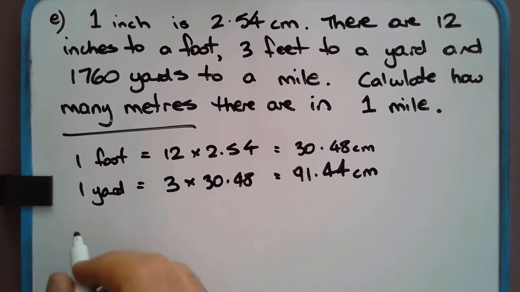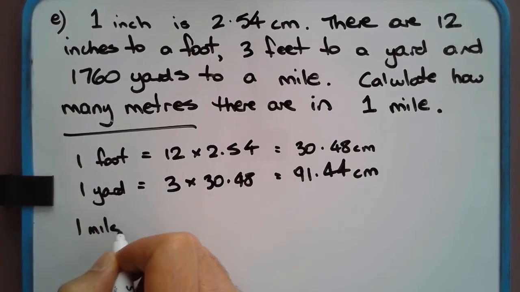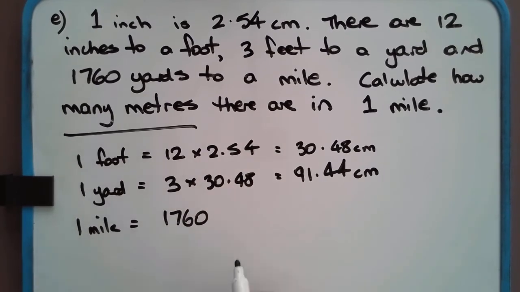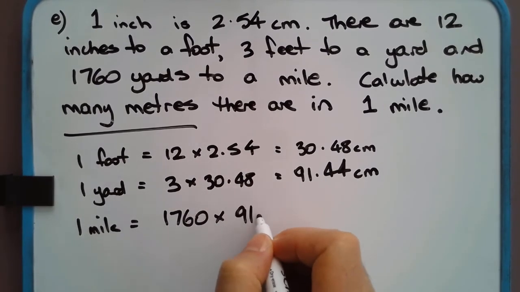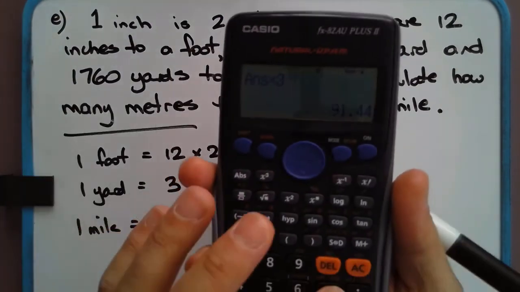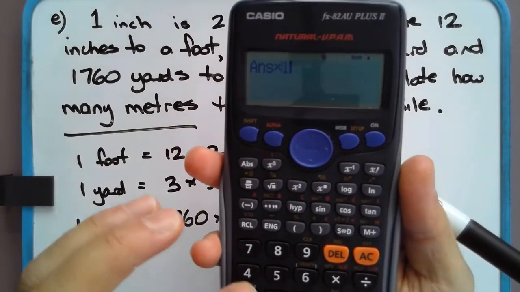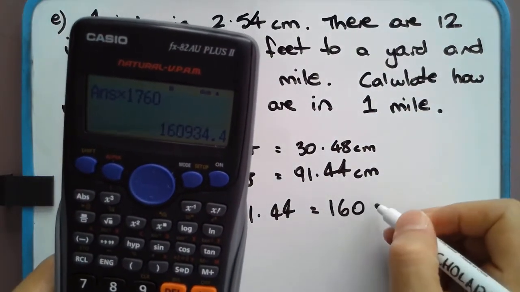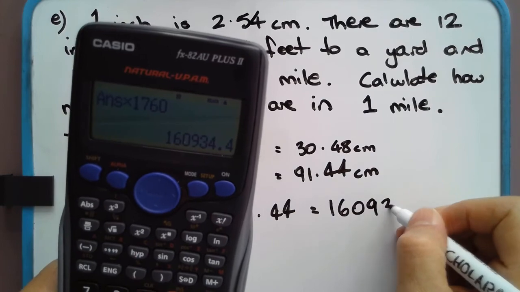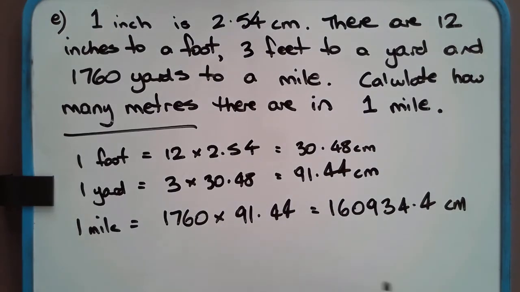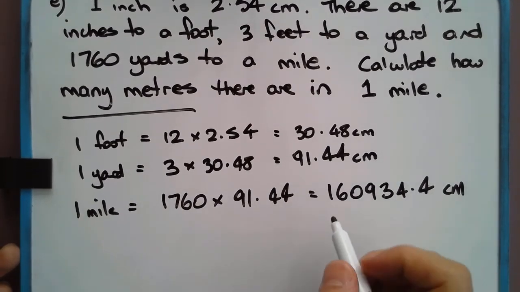Now finally we've got 1 mile. 1 mile is equal to 1,760 yards, but a yard is 91.44 centimeters. So 91.44 multiplied by 1,760, and we get 160,934.4, and that's in centimeters, but we want that value in meters.